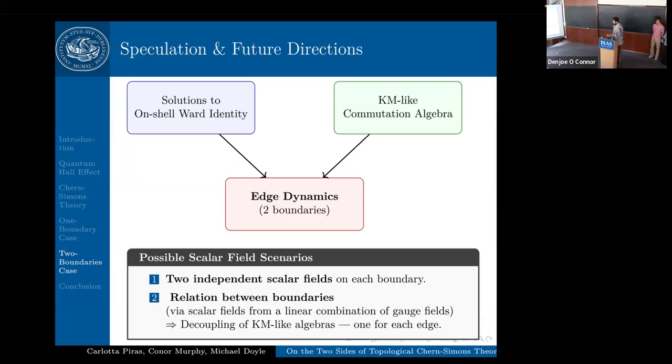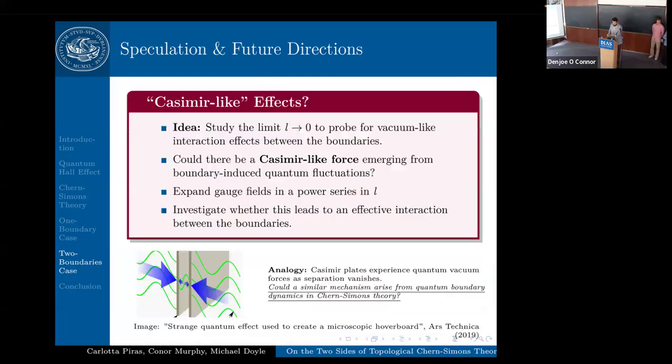But in either case, the degrees of freedom are still scalar degrees of freedom. In the case of a small L expansion, where L is a parameter that relates the gauge fields on either boundary, we would be interested to see whether any Casimir-like effect occurs.